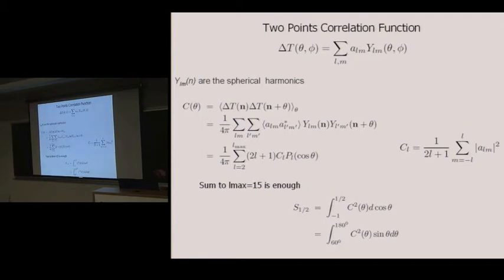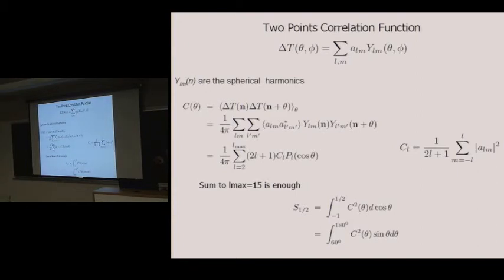So these a_lm are the coefficients. The angular correlation function C of theta is defined as the average of the product of two fluctuations separated by an angle of theta, averaged over the full sky. If you substitute the delta T in this equation, C of theta will be equal to this.